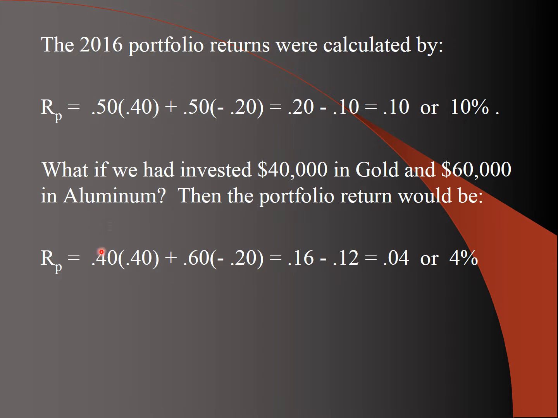Well, the only thing that would change are your weights. 40% would have been in gold with a return of 40%, and 60% would have been invested in aluminum with a return of negative 20%. So again, when you do the math, we end up with a portfolio return equal to 4%.